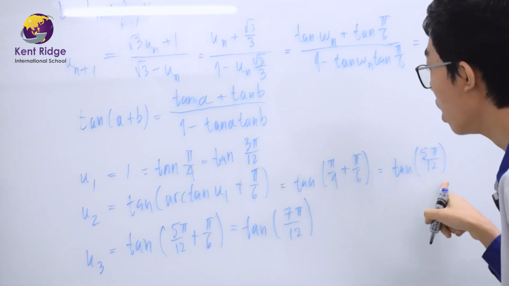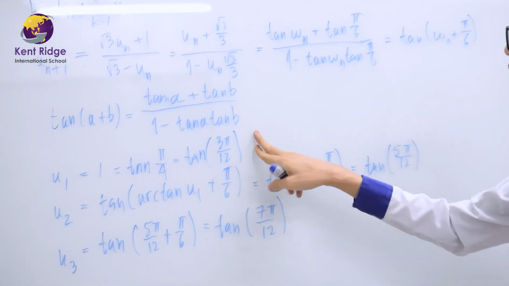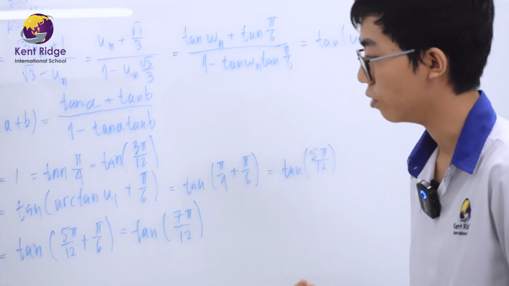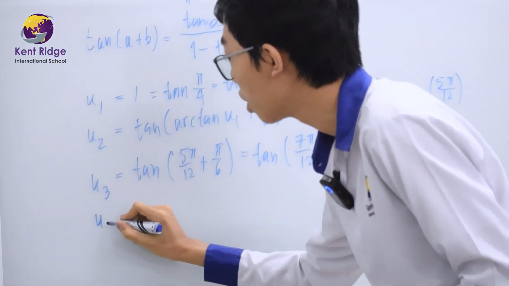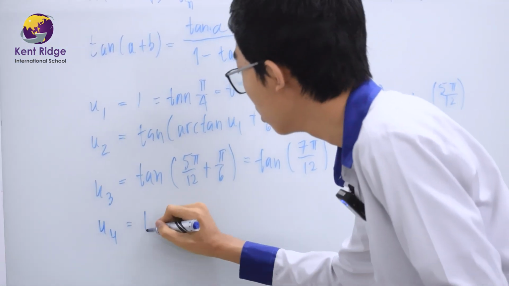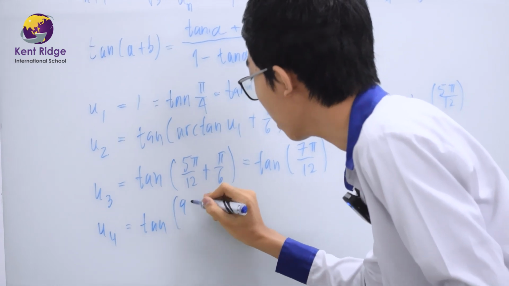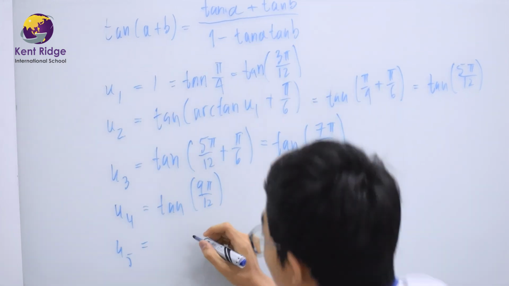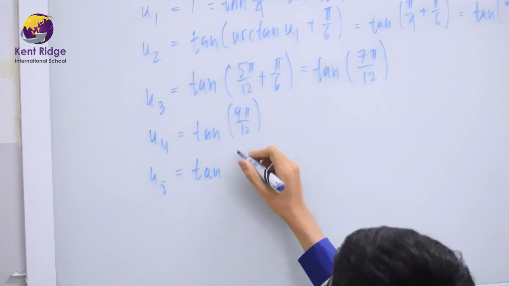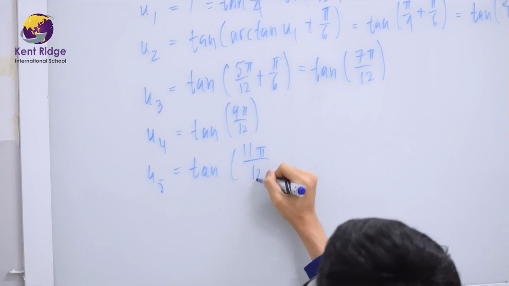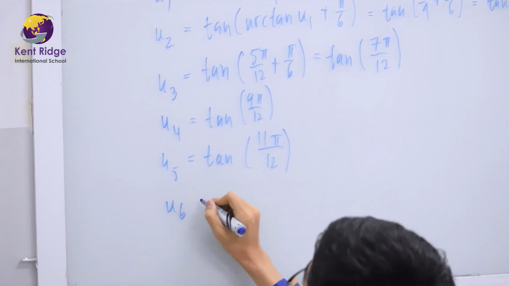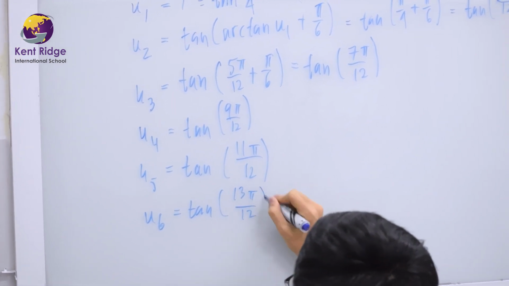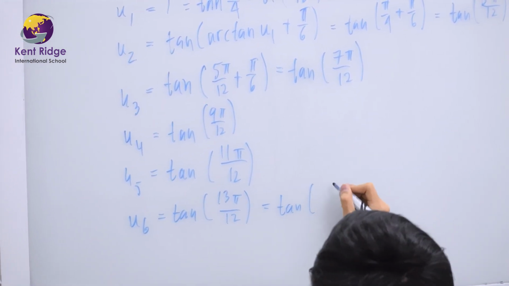Changing the denominator to 12 will show you that in the brackets, we're just adding pi over 6 over and over again. So you don't have to do all the math anymore. Now you know that this will be 9 pi over 12, and you know this will be 11 pi over 12. And you know the last term will be 13 pi over 12, which we know to be pi over 12.